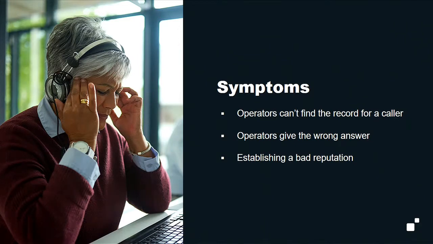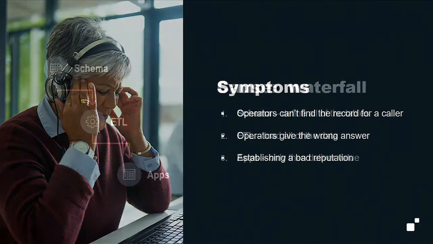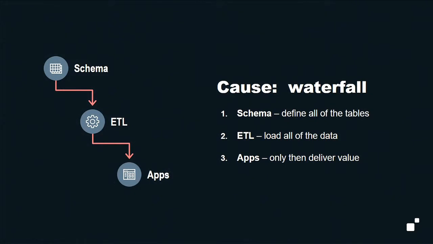And what's particularly frustrating is that they're following industry best practices. They're taking a waterfall approach where it cascades from defining the schema for all of the data that they might need for all future applications, writing the ETL that populates all of the tables in the schema, and then writing the applications.